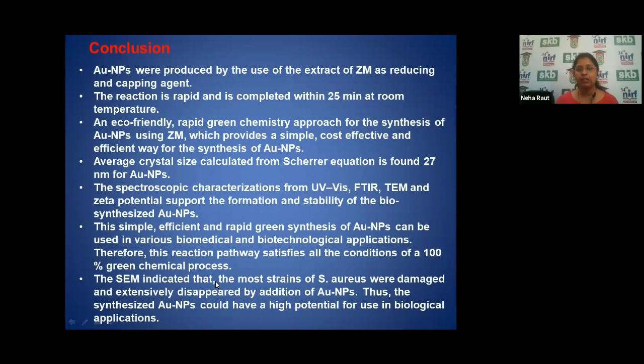Most strains of S. aureus were damaged and extensively disappeared by addition of gold nanoparticles. Thus, the synthesized gold nanoparticles could have high potential for use in biological applications. So we can use it in human applications also. So this is all the conclusion of the present paper.